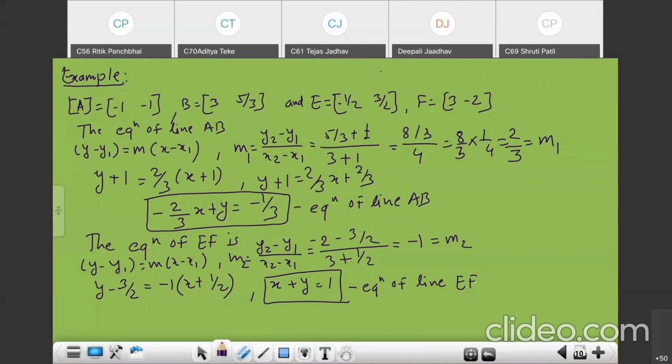Now we represent this pair of lines in matrix notation.